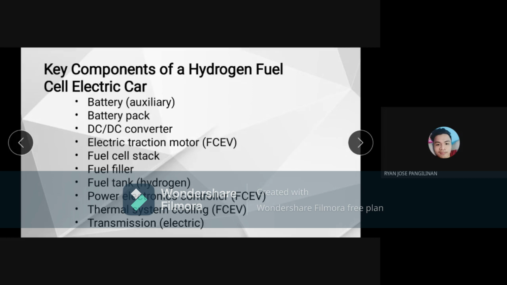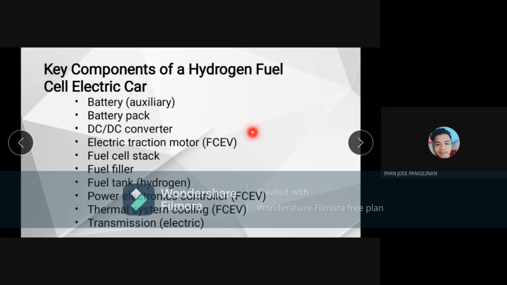Next is the DC-DC converter. This converts higher voltage DC power from the traction battery to lower voltage DC power needed to run the vehicle accessories and recharge the auxiliary battery. Next is the electric traction motor, using power from the fuel cell and the traction battery pack.